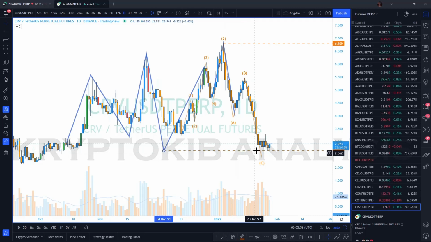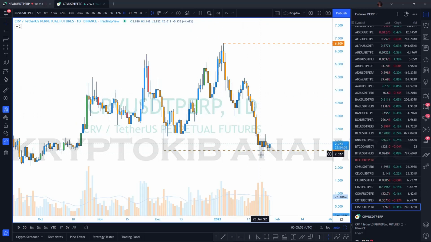We now have a wick going below this invalidation. We have not gotten a close below it yet, so we have hunting going on, and this is a possible trend change. That means we have this high now to this low, and this becomes our invalidation to break for a bullish bias to resume if we are now assuming bearish bias on this coin.